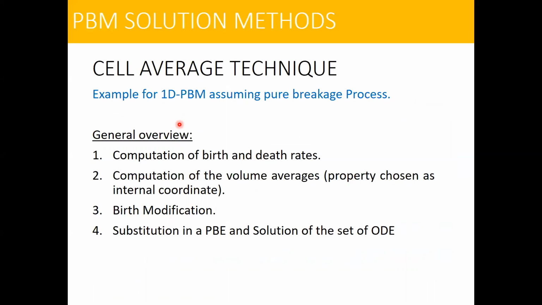The idea of the cell average technique is to calculate the average properties, which depend on the number of dimensions within the PBM. It means the number of internal coordinates we have. So we want to calculate the average properties of all neighbor particles in a cell or bin and observe the position of average values. It means that we can track the number of particles in each bin.